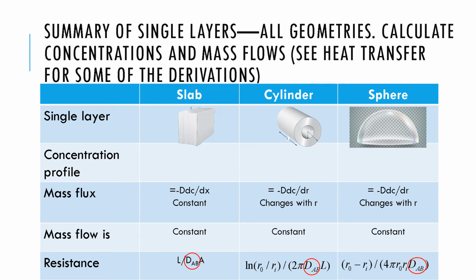Here now we want to summarize diffusive transport through a single layer and extend it to other geometries. What we did was a concentration profile of a slab and mass flux.